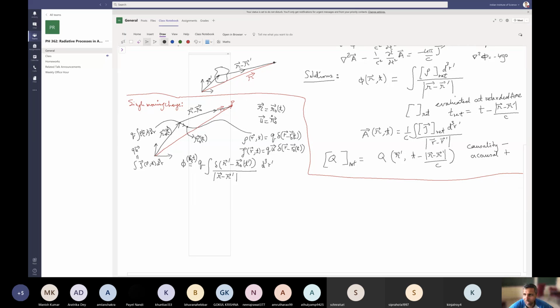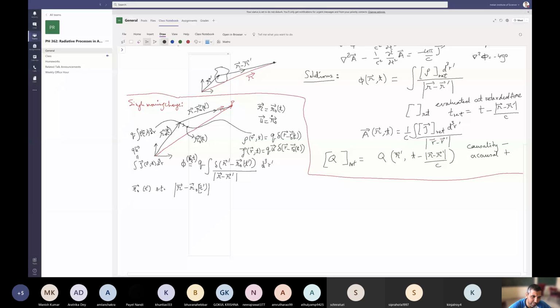You recall that rho has to be evaluated at this earlier time, not at time t. So what is t prime, and what is r naught of t prime? r naught of t prime is such that the absolute value of r minus r naught of t prime, which is just the distance, is at time t prime, not time t.